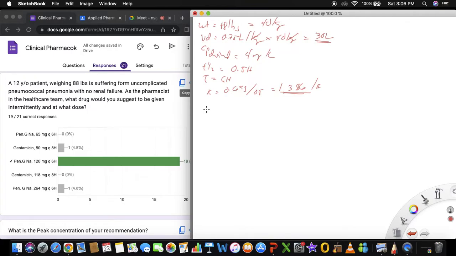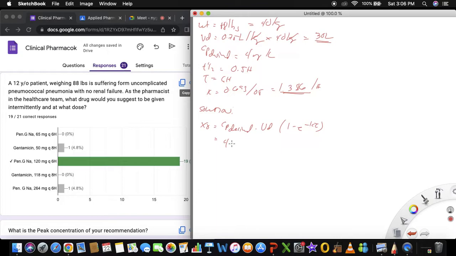Alright. So, solution. The dose is what I need here. That would be CP desired times VD times 1 minus e to the negative K tau.